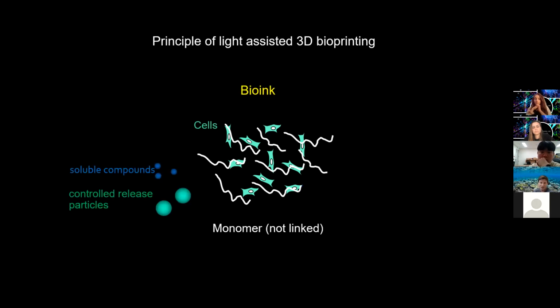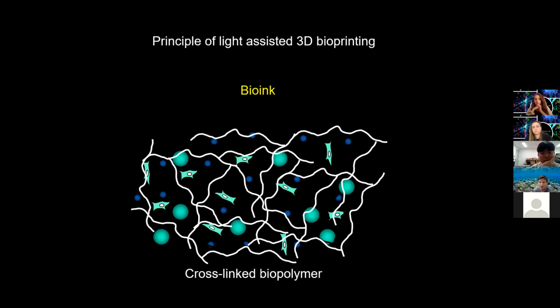And then you can, of course, have different things in there. You have soluble compounds, nutrients, and so on. You can have controlled release particles as well. And then you add a photoinitiator and shine light on it. And then you have your cross-linked biopolymer.